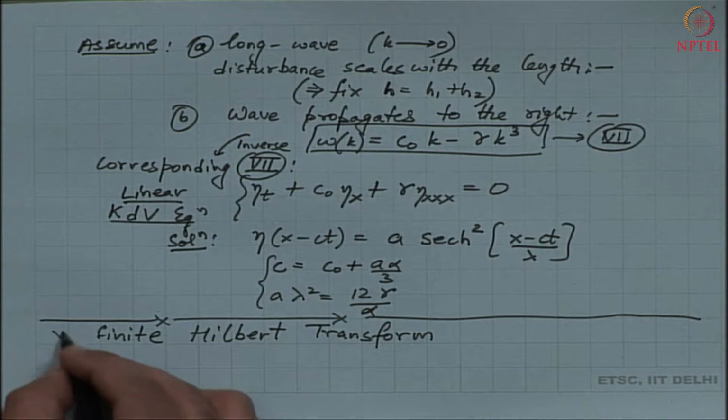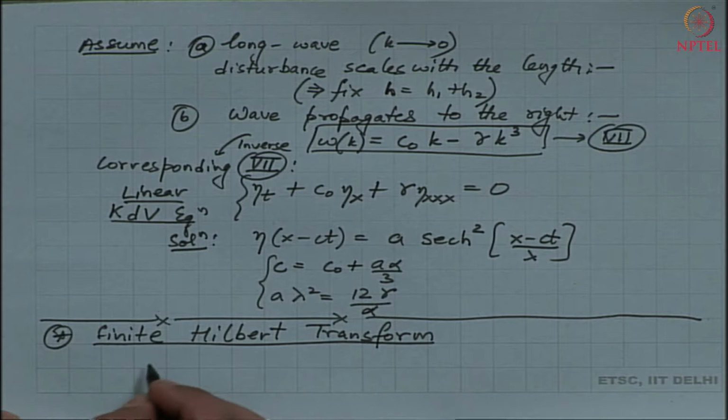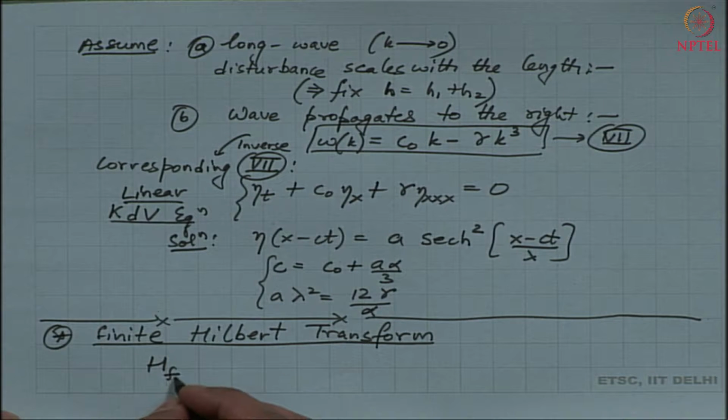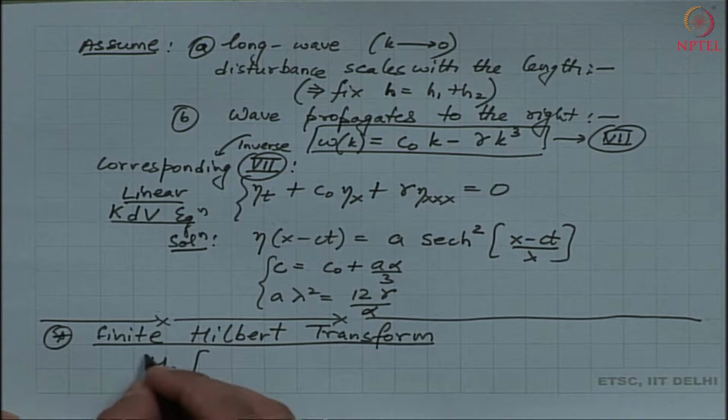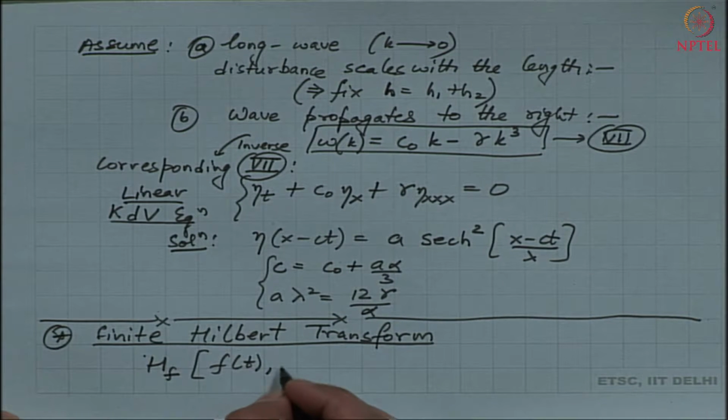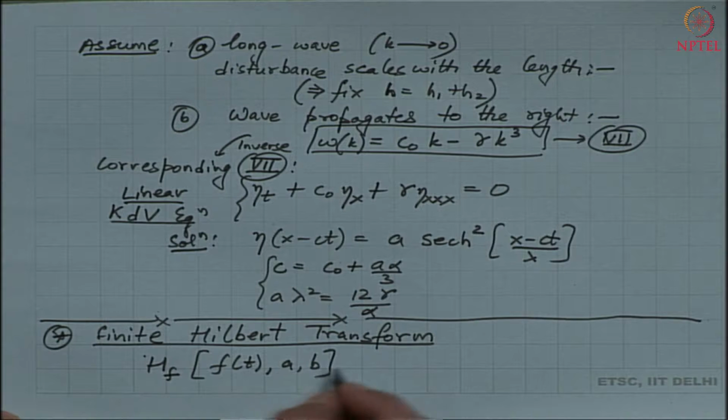Okay. So, what do I mean by that? Well, of course, the finite Hilbert transform. Let us denote it by H of f, of the function f of t, and now I have to give a finite limit of the integral, a comma b.